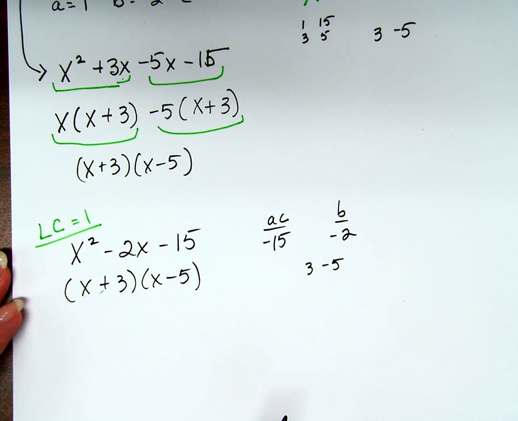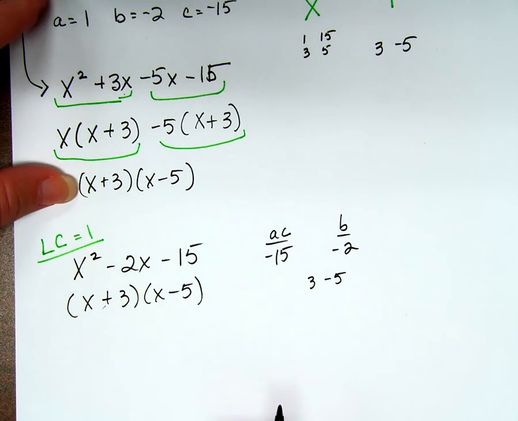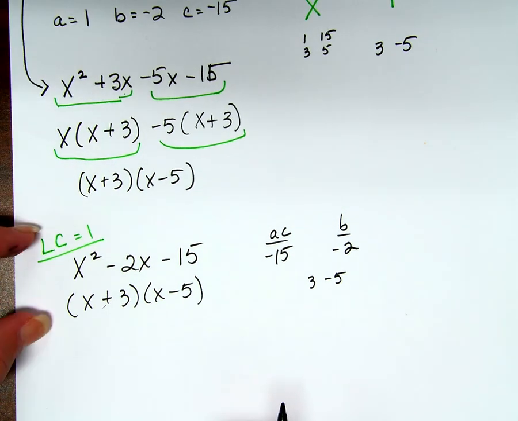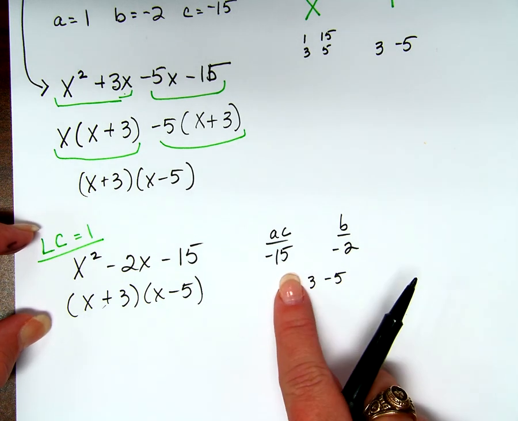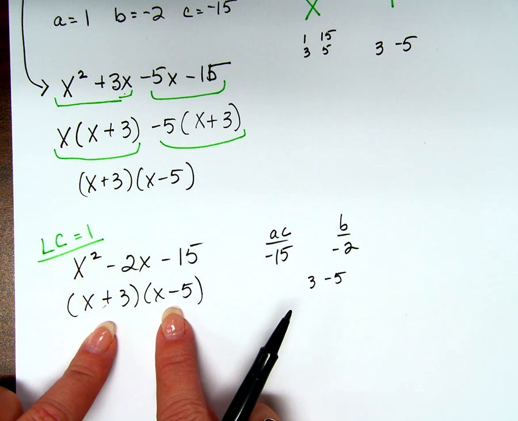Done. Wasn't that so easy? This way wasn't really hard to begin with, but look what happens when the leading coefficient's 1. We find AC and we find B, and we say what multiplies to be AC and adds to be B, and those are automatically the two factors.